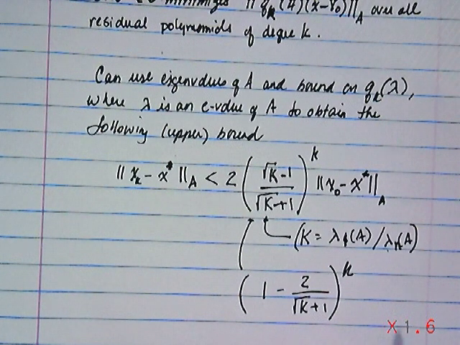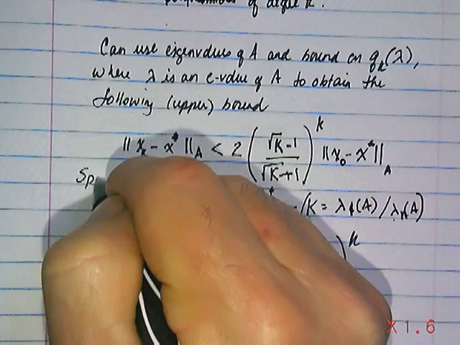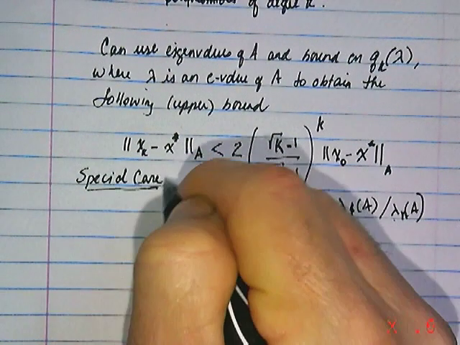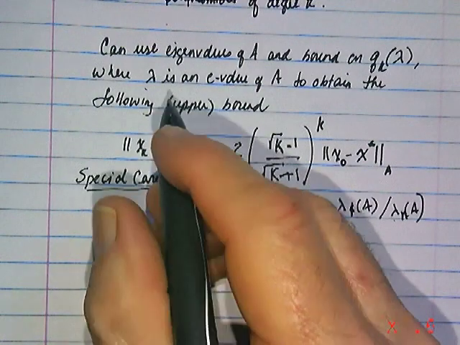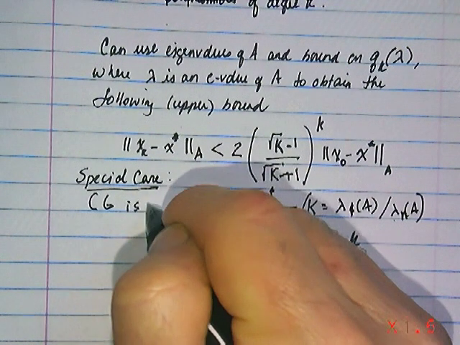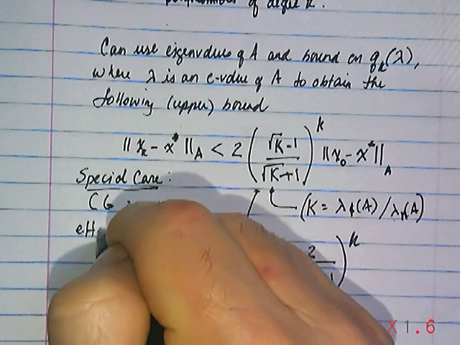So one thing that's a very special case that I'll mention, which is sometimes important, is that typically CG is very effective for certain problems with the following property.